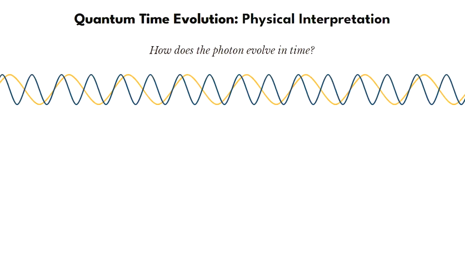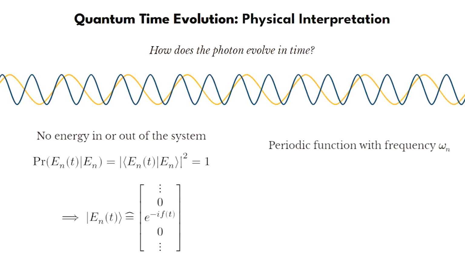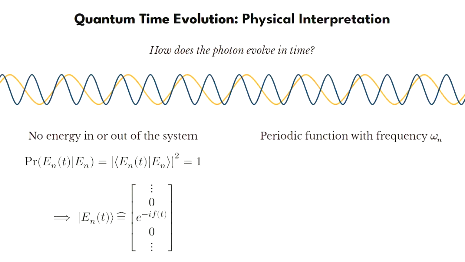Now, how does the photon evolve in time? Let's consider a system with no energy in or out. So the probability that you measure your initial state in the future state is equal to 1. And the way you can write down this state, we can add this form, and then we know that the photon is a periodic function with frequencies.